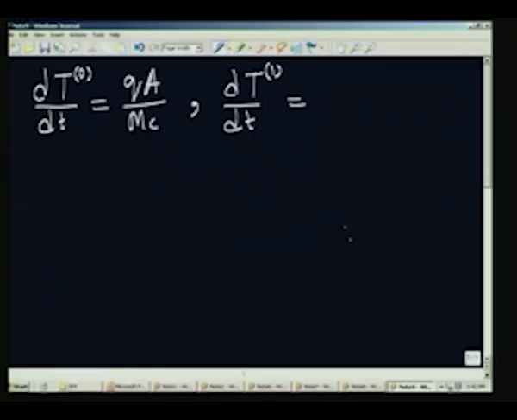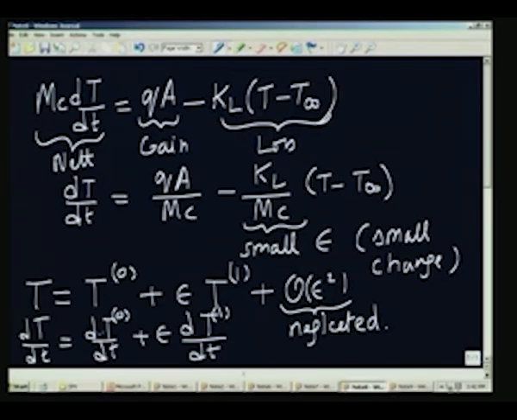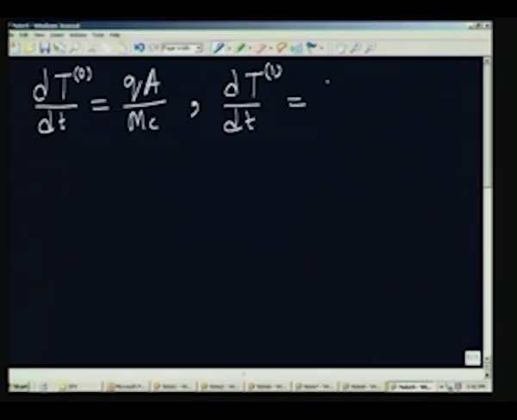If you go back to the previous, you will see that dT0 plus epsilon times dT1 by dt, epsilon is multiplying this, epsilon is also multiplying this. Therefore, what I will get is T minus T infinity with a negative sign. That negative sign is coming from the fact that it is a loss term.